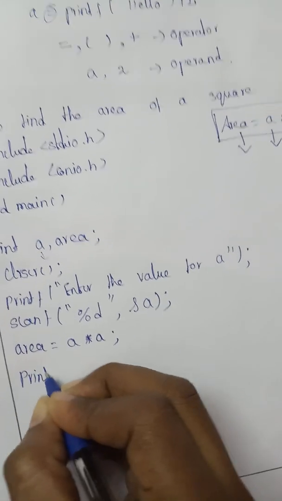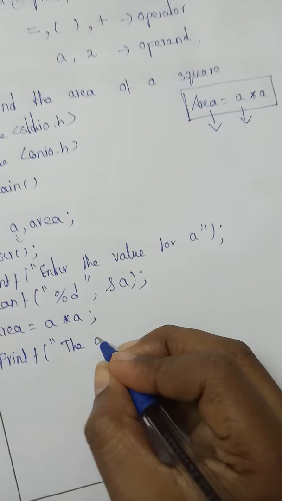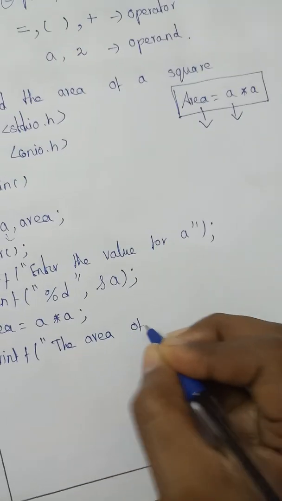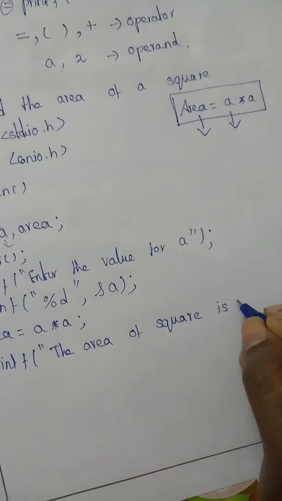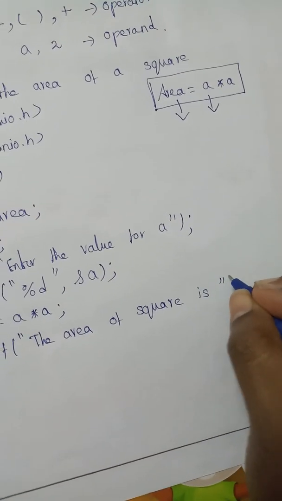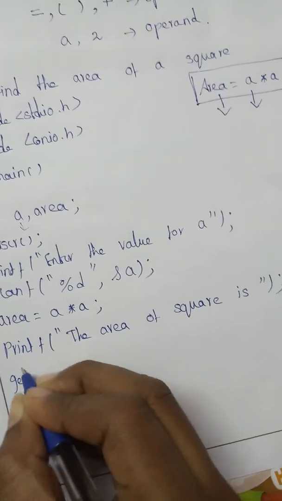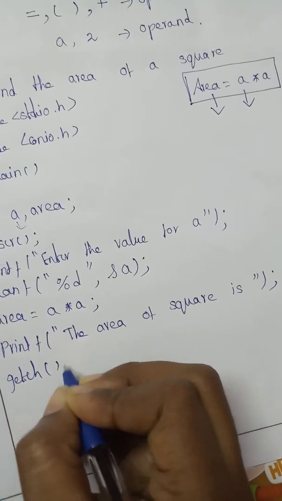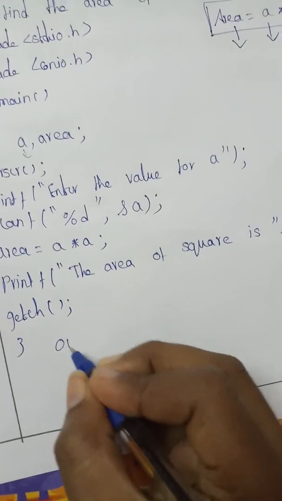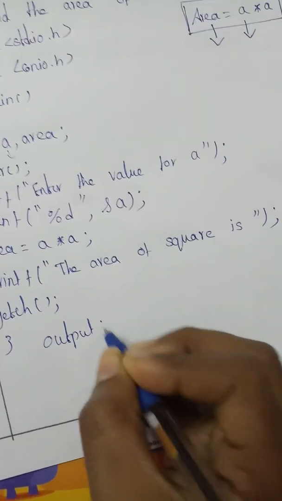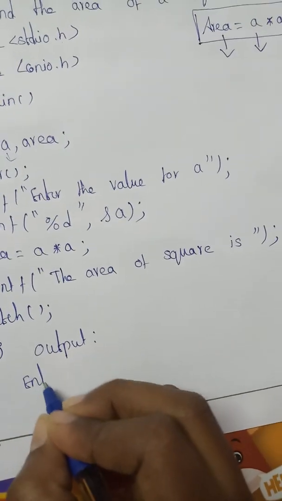So here printf, the area of square is. Okay, and I'm closing, and then getch, and then closing the open braces. So what is the output? First printf is enter the value for a.